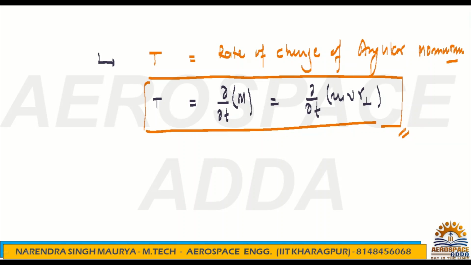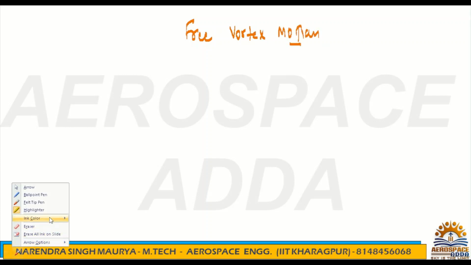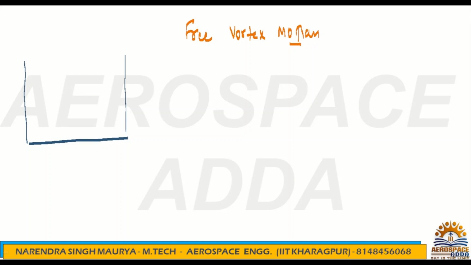Now if you talk about the free vortex motion, if I say free vortex, then what is the meaning of it? See, suppose this is the vessel, and inside this vessel the fluid is filled. I just want to rotate this water about this axis.